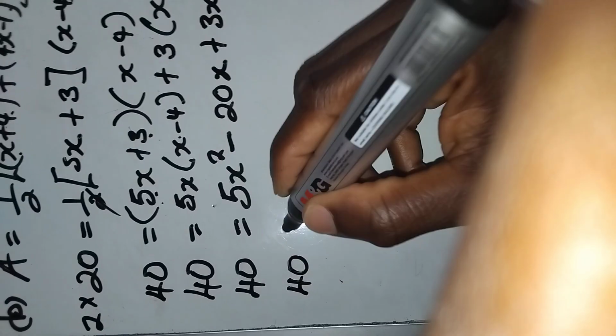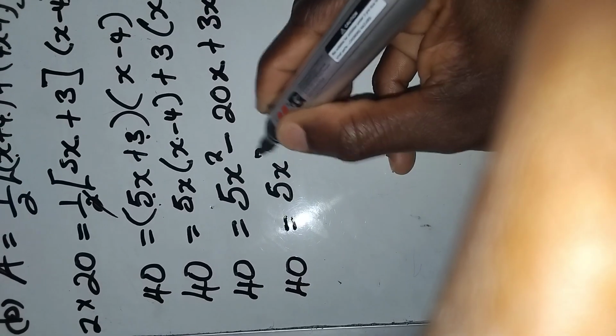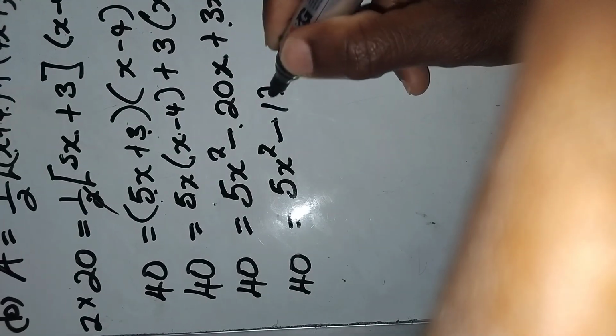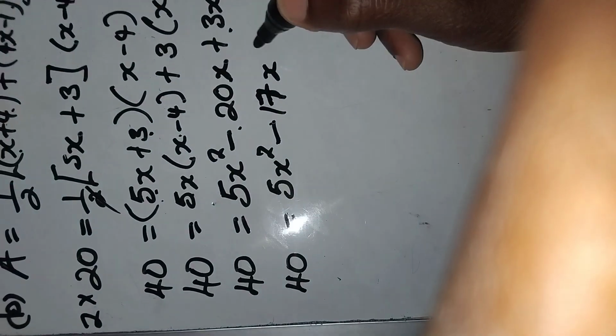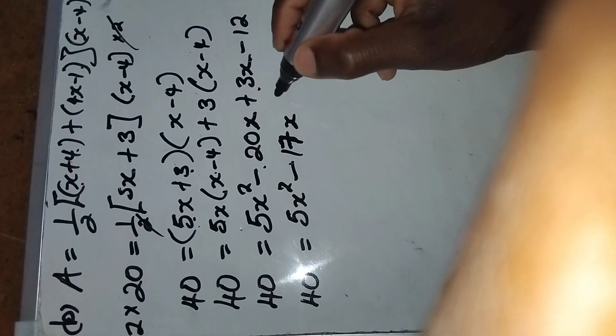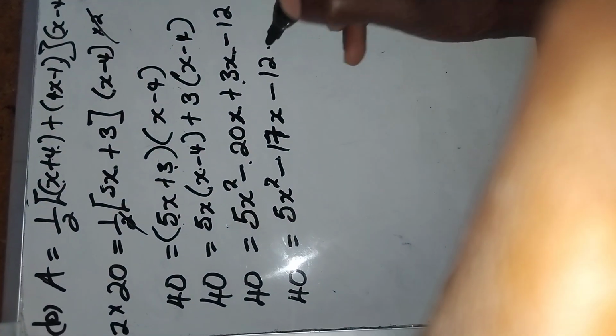So 40 is equal to 5x squared minus 20x plus 3x, which is minus 17x, then minus 12.